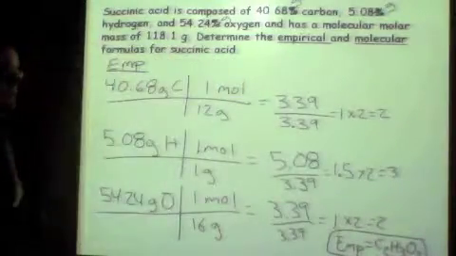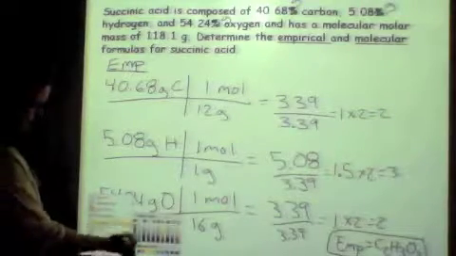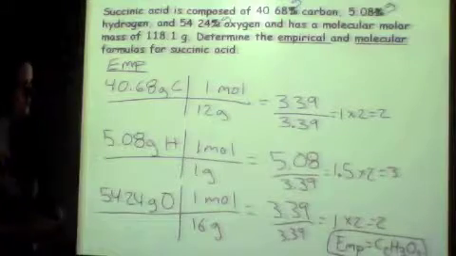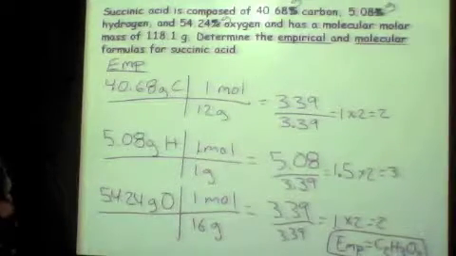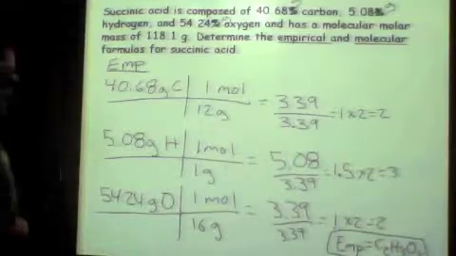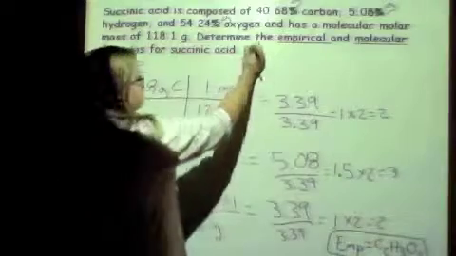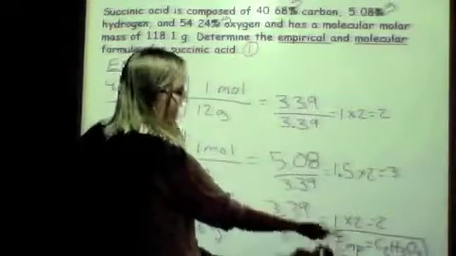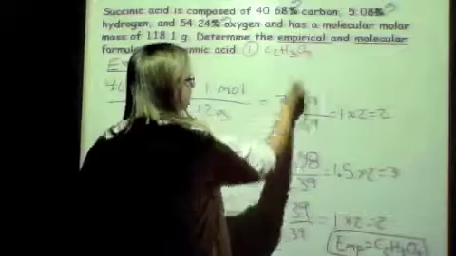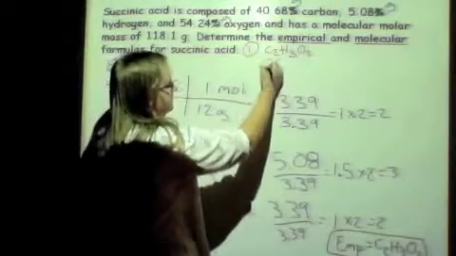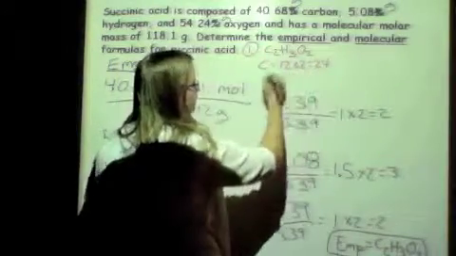So we found the empirical. Okay, I'm going to switch colors so you can see how we go to the next piece. We found the empirical is C2H3O2. Now we need to find the molecular. Well, now that we have the empirical, molecular should be easy. Step 1, find the molar mass of C2H3O2. So C is 12 times 2 is 24.